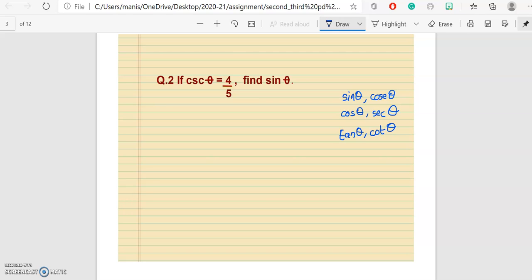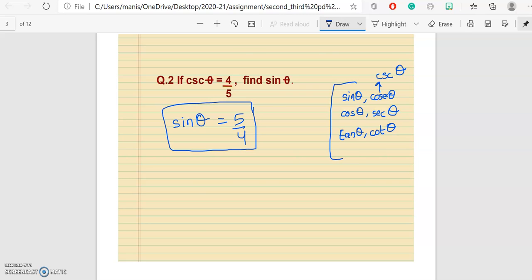So my answer is sine theta equals 5 over 4; you flip it. Again, keep in mind, if you have been given a problem which does not come under this part, then it will be solved by another formula, not these formulas.